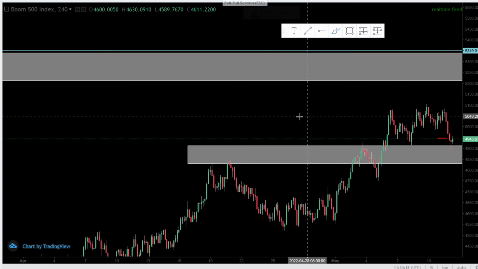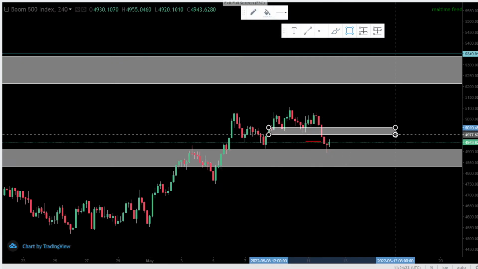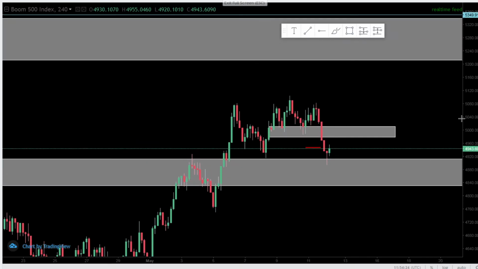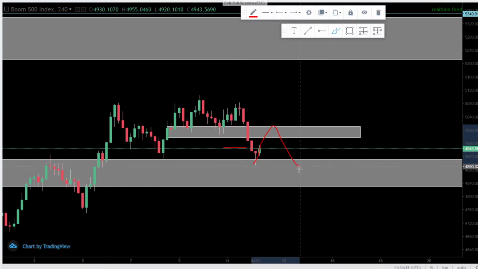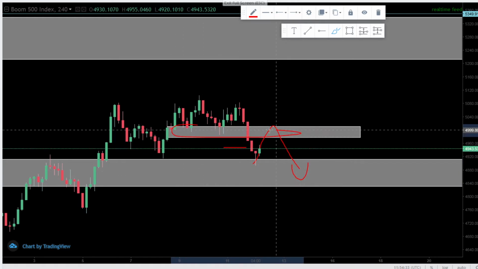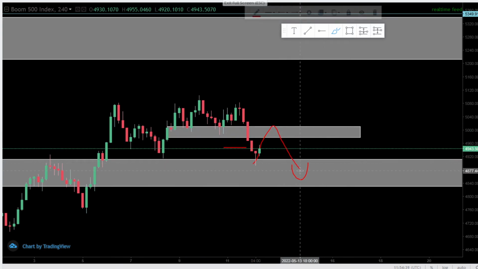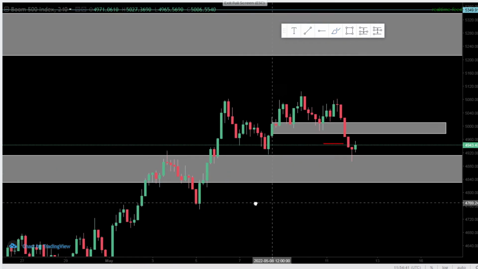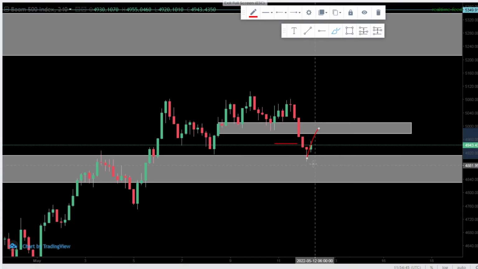I know a lot of guys is buying into the market right now, but this is going to be an area of interest for us where we can most likely see price will come into it and then come to the downside, right? Because this is an area right now of resistance, guys. Please don't forget it. This is an area of resistance where we can see price can still bounce to the downside.